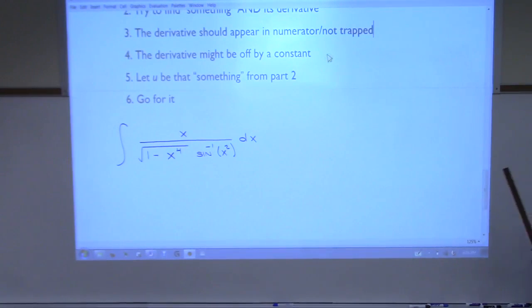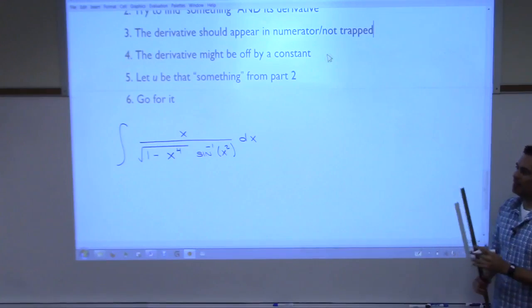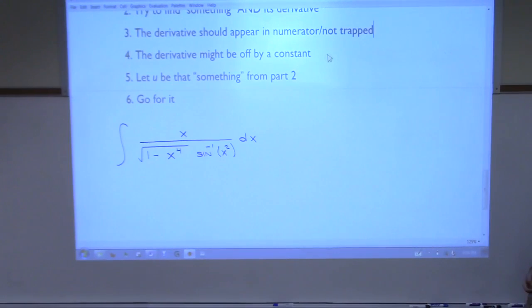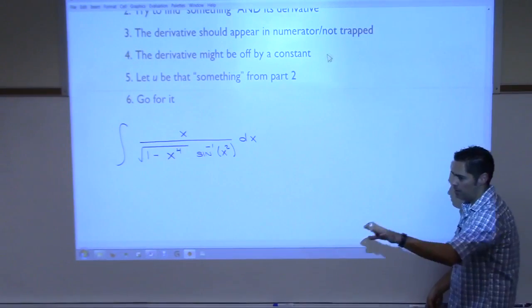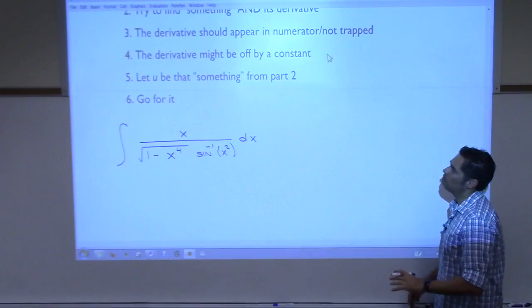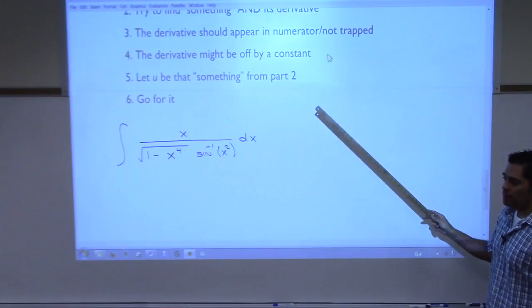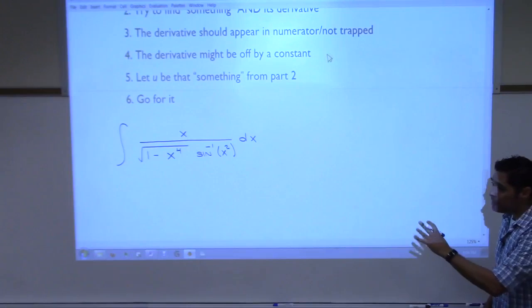If you're stuck, go back, you're looking for something in its derivative. Do you see anything in its derivative there?